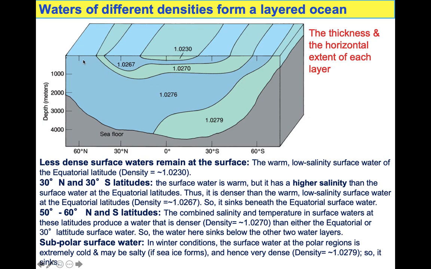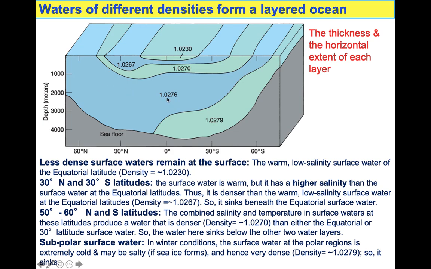Going further to the north and south, the subpolar ocean water is cold pretty much throughout the year, but particularly in winter times, extremely cold. So you see that the temperatures dictate the density profile of the polar regions.